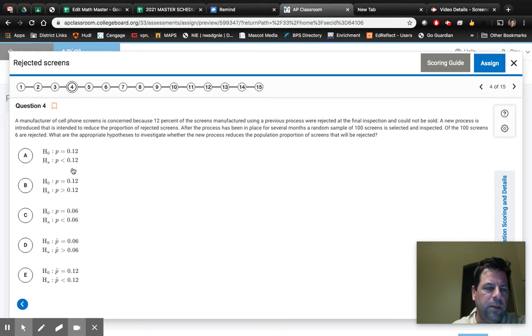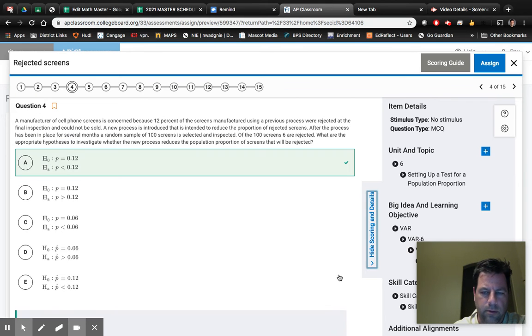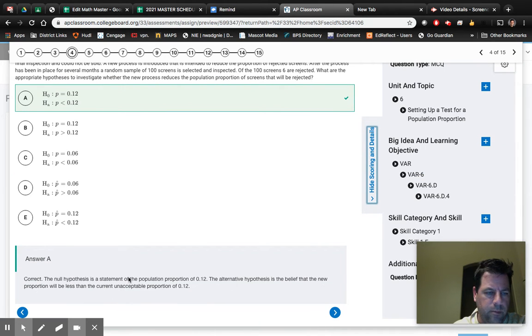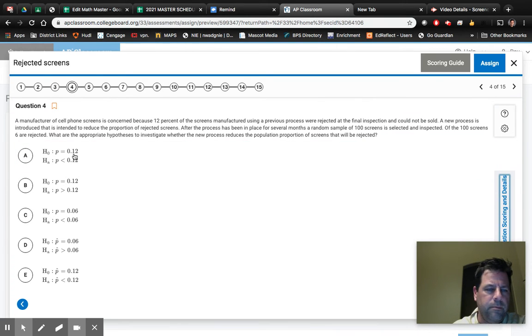So it's not going to be that. It's my 12%. C was concerned because 12% of these screens were rejected, a new process is introduced intended to reduce the proportion of rejected screens. I think that's what we're trying to prove. Let's check that one, make sure. A. Yep. Okay. A.